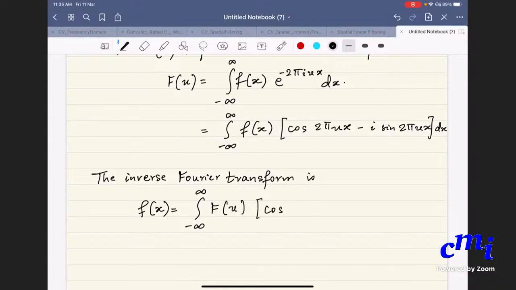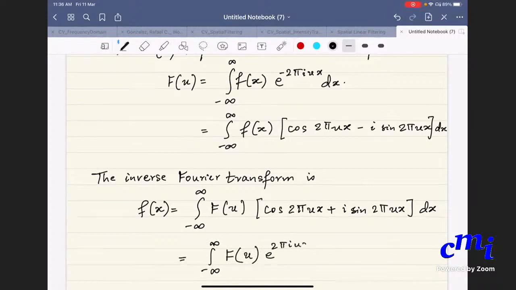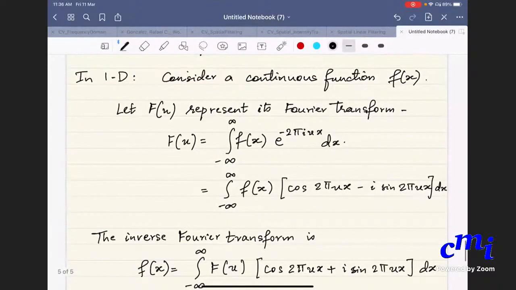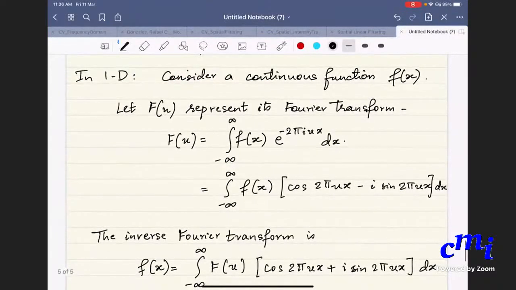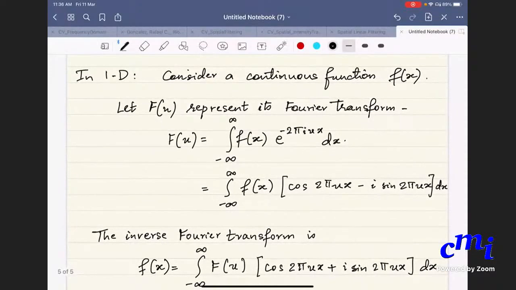This e raised to minus, that minus will be gone. So this will be cos 2 pi ux plus i sine 2 pi ux du, which in shorthand is e raised to 2 pi i ux du. So for one variable, these are the formulae for the Fourier transform and the inverse Fourier transform.